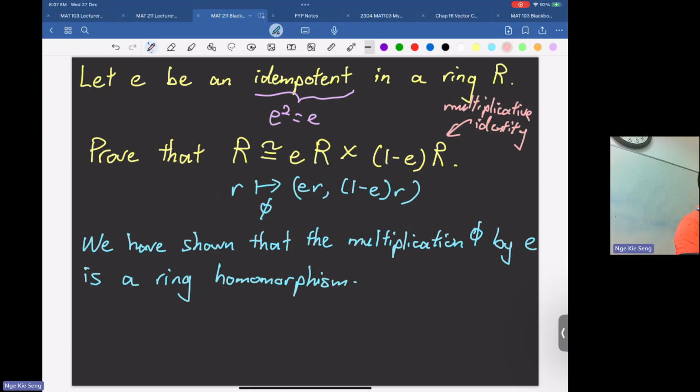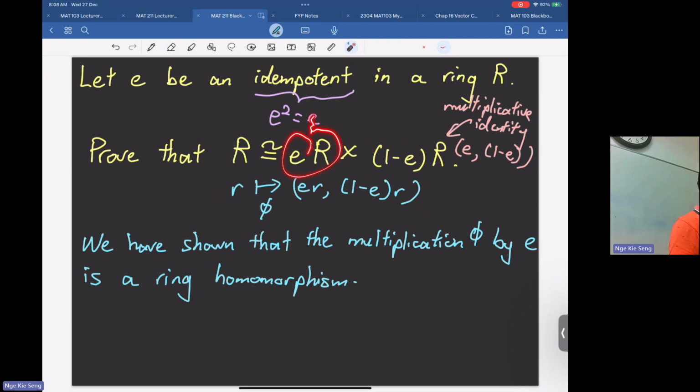Why? So R contains 1, right? But idempotent times 1, you get E, unless your idempotent is invertible. 1 is contained in the R. Okay, but there's an obvious identity in both of these rings, which is E and 1 minus E. Because E is an idempotent, E little r multiplied by E always gives you E little r.